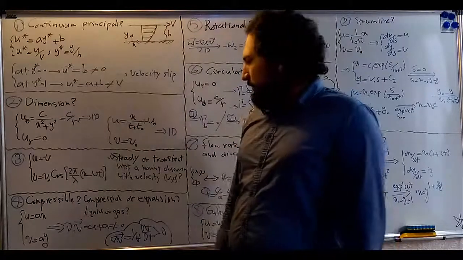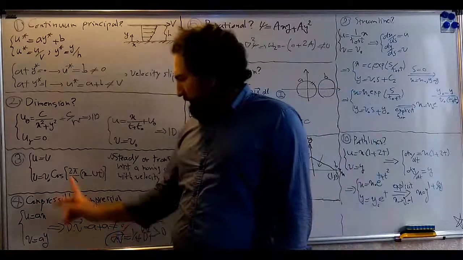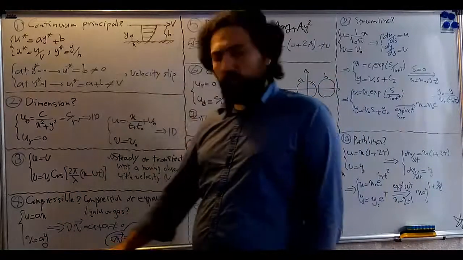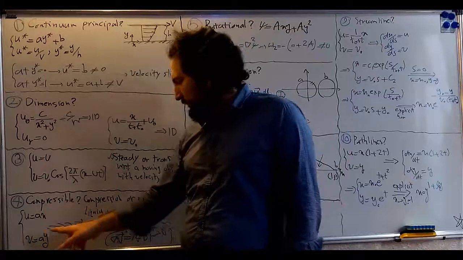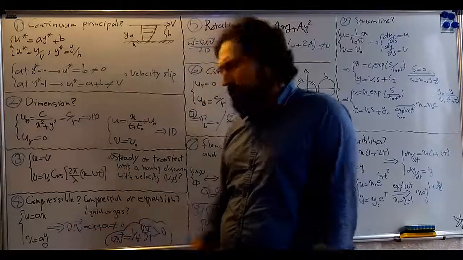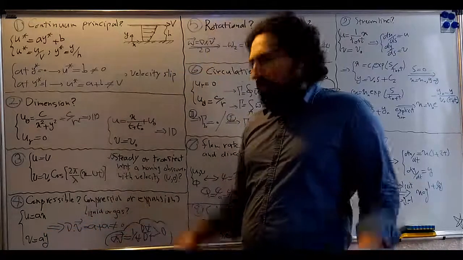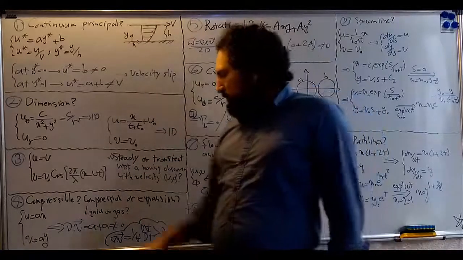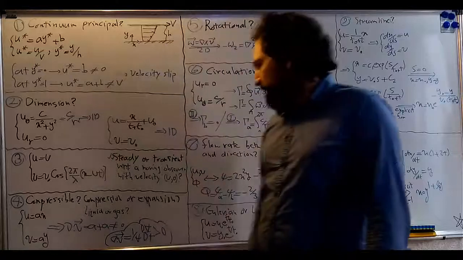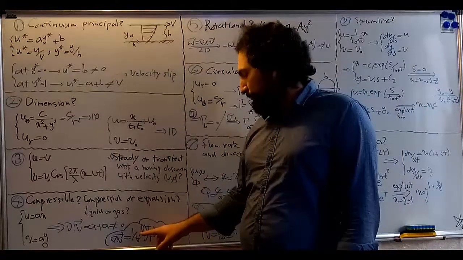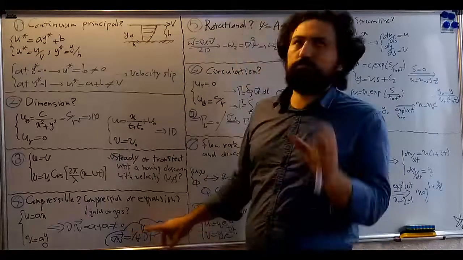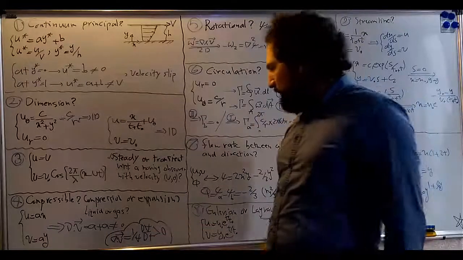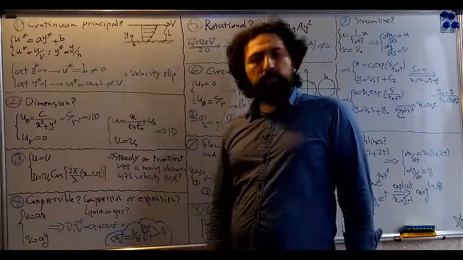The fourth question is about the compressibility of the velocity field. You have to compute the divergence of the velocity field. The divergence of this velocity field equals a plus a, which is not 0, so this velocity field is compressible. And again, you know that the divergence of the velocity field equals the rate of change of the volume of a fluid particle over the volume.